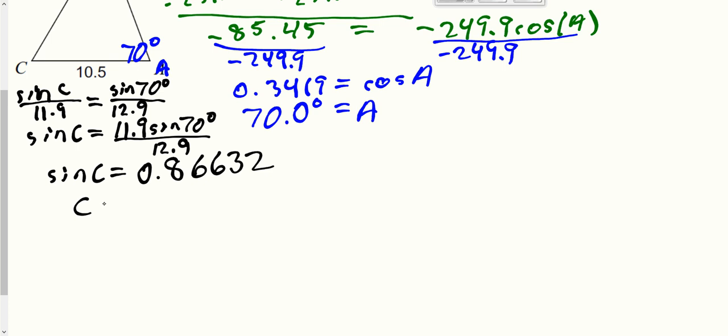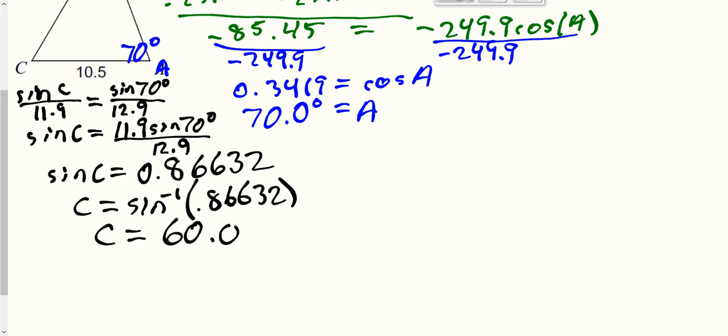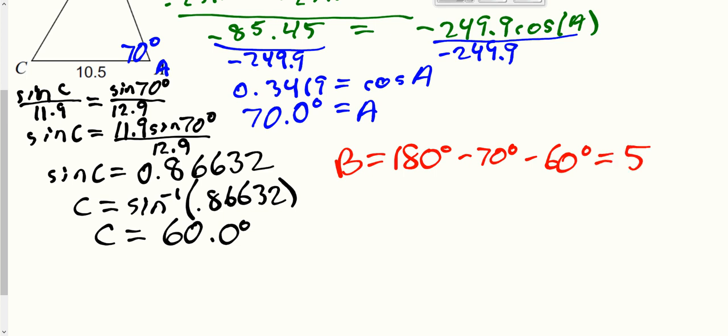Then to get C by itself, I'm going to go sine inverse of both sides. So go sine inverse, type in that decimal that you just got, and you get angle C to be 60.0 degrees. So then to find angle B, remember you can just go 180 minus the two angles you just found, and in this case we get angle B to be 50 degrees.